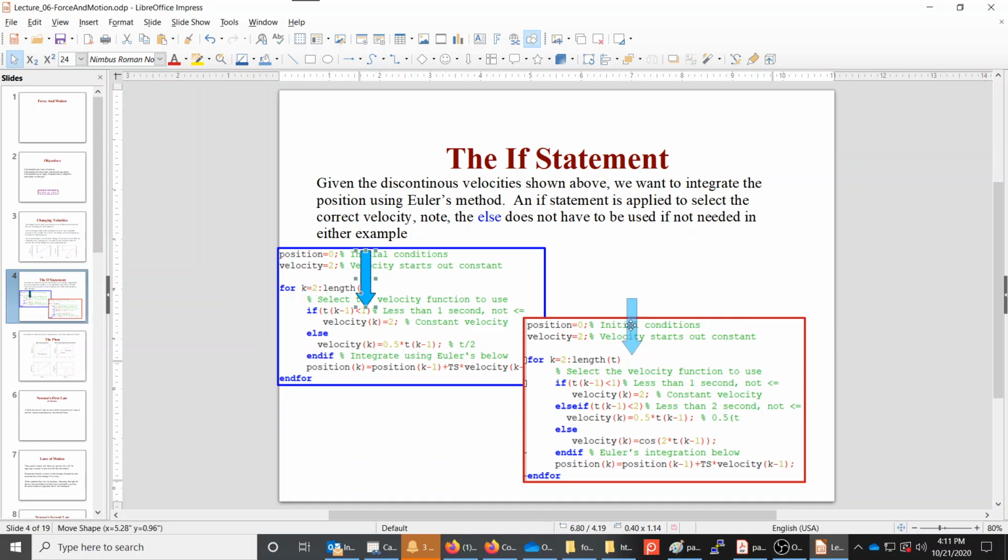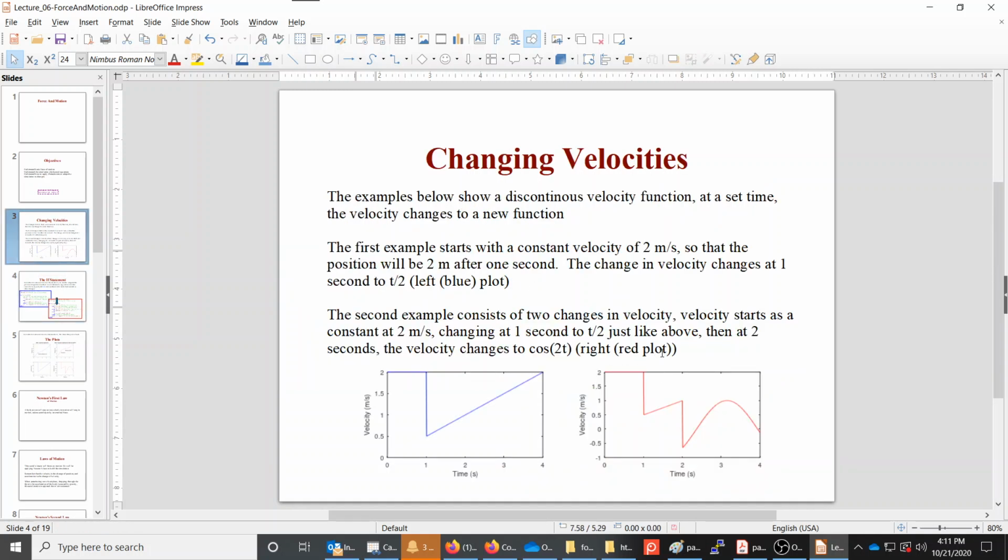Now the red box over here shows us the second example. Here in the second example, the velocity made a drastic change at 1 second, and then it made another major change at 2 seconds. So we had two changes in there.